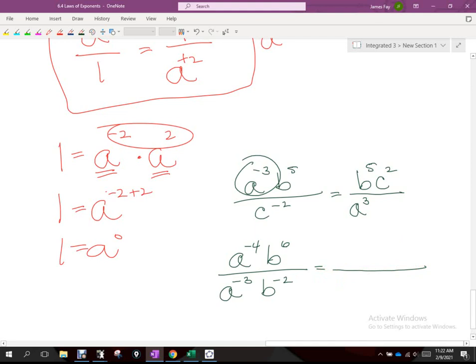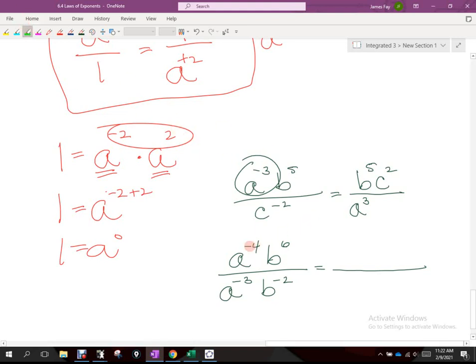I personally don't like canceling a negative exponent, like a to the negative 4th. That doesn't really make a whole lot of sense to me. And canceling with a to the negative 3rd. Okay. I don't like subtracting negative numbers. Okay. So what I'm going to do before I do any cancellation with my variables, because there's like bases here, right? Before I do anything, I'm always going to make sure that I rewrite my problem with positive exponents.